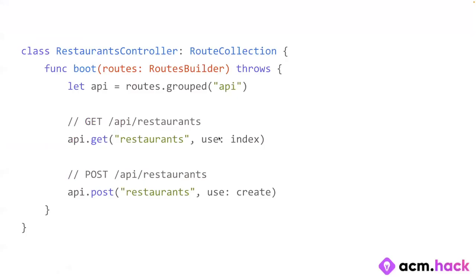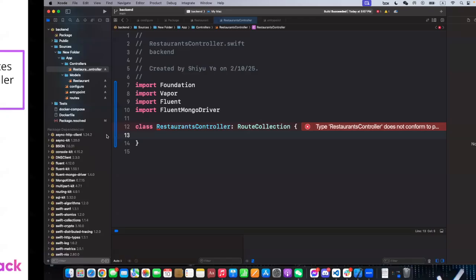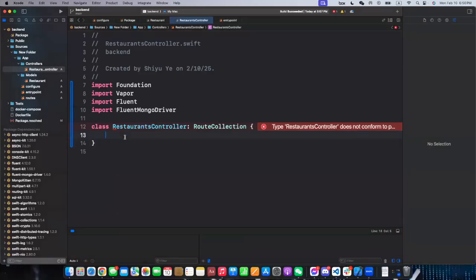But we need to first write a function named boot. Boot is the function where we define these routes and associate them with the controller functions. We will use the standard Swift syntax to define a function, so func boot, with routes.